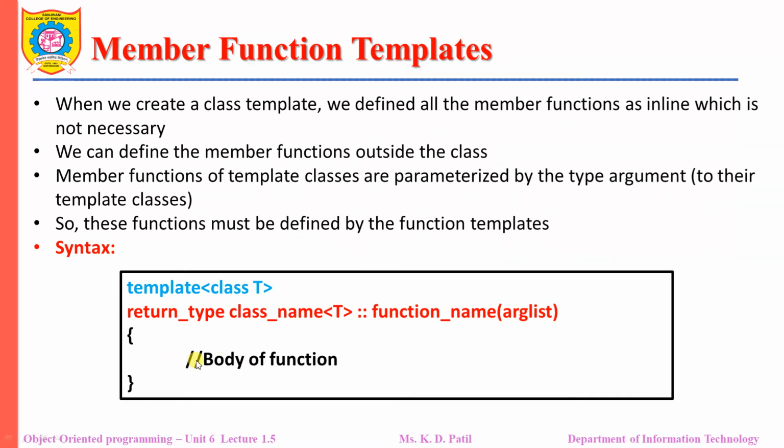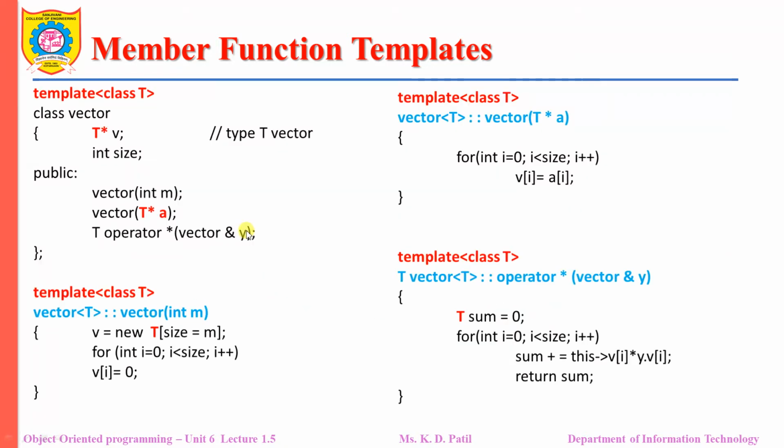So as we declare a member function outside the class, in the same way we have declared the member function template here. The only difference is that here we have the type as a generic data type, and here we have the template statement. Let us see a simple example of how to declare the member function templates.